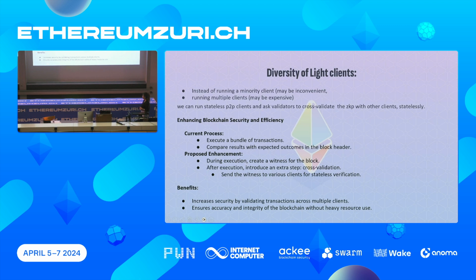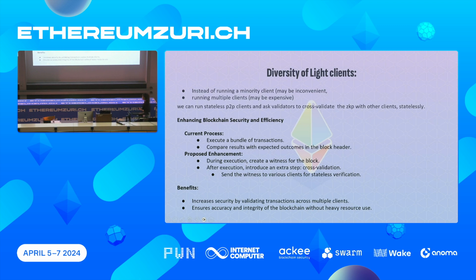We can also enhance blockchain security and efficiency. The current process is as follows: you execute a bundle of transactions and compare the results with the expected outcome in the block header. But in the proposed architecture, during the execution, you can create a witness for the block. After the execution, you add an extra step, which is a peer-to-peer cross-validation, and you can send the witness to various clients for stateless verification.